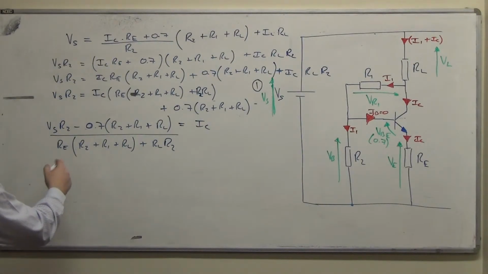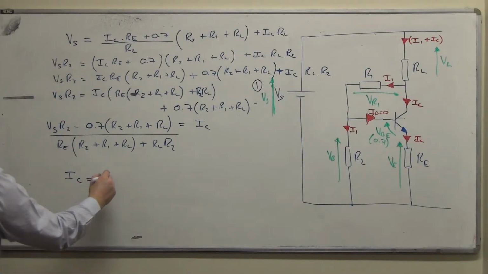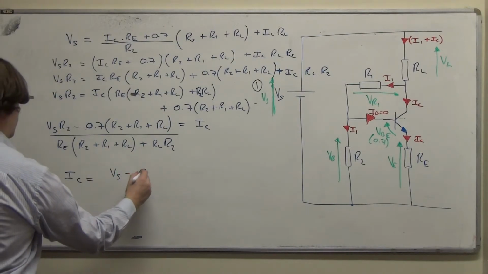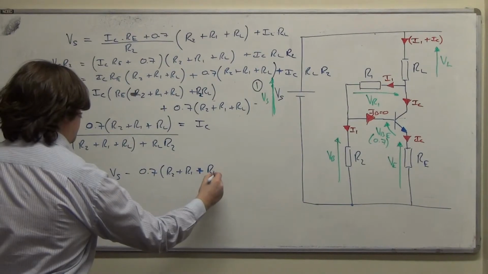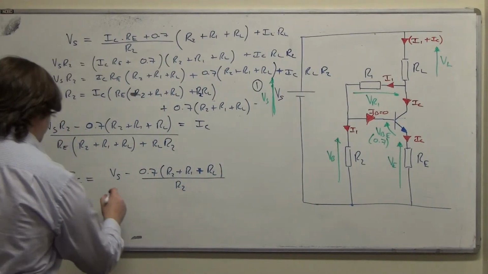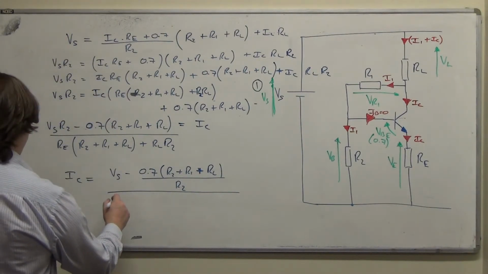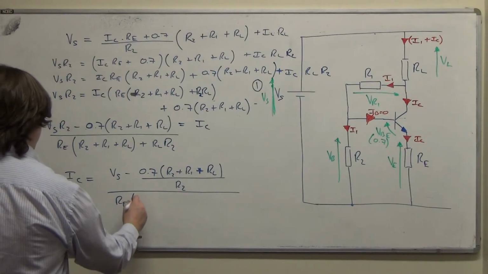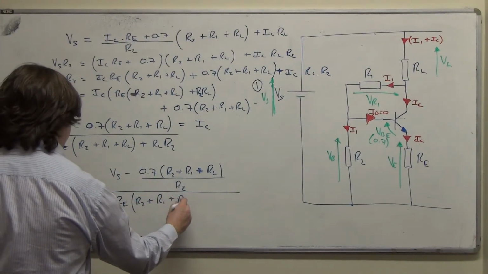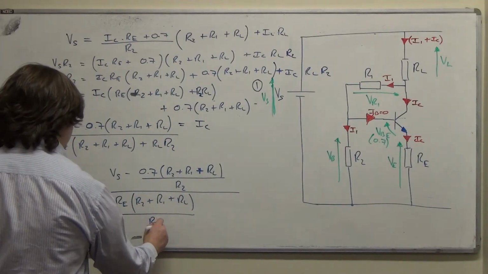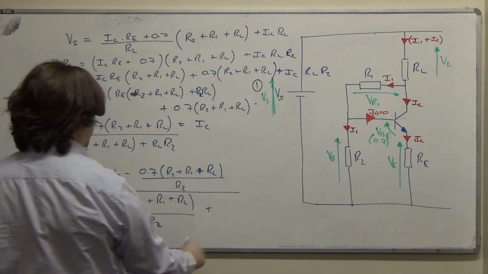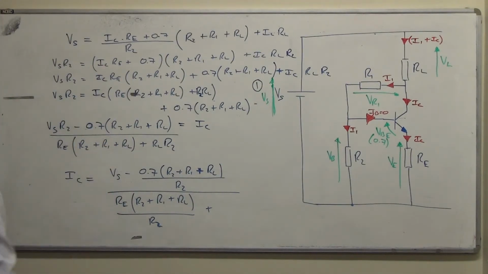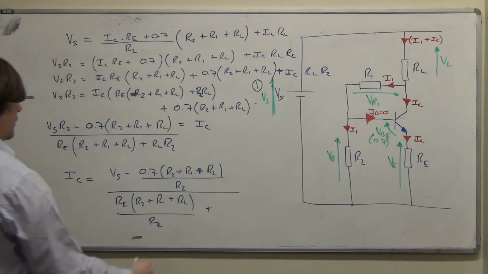So we can now divide through by R2 quite safely, and we'll end up with IC is equal to VS minus 0.7 times R2 plus R1 plus RL, over R2, divided by RE brackets R2 plus R1 plus RL brackets over R2, plus, now I'm dividing everything by R2, so this will cancel, which is how I knew that I'd missed it, because I knew the next thing to do was divide by R2, and I thought, oh, I can't, because I'd messed up there.